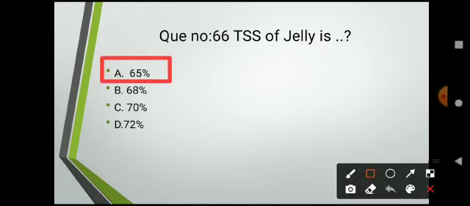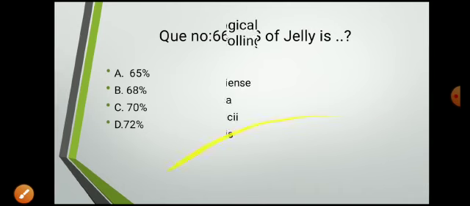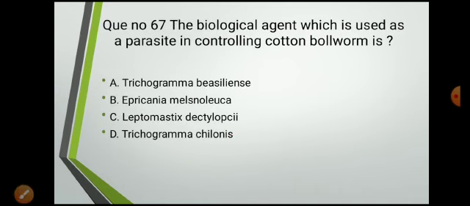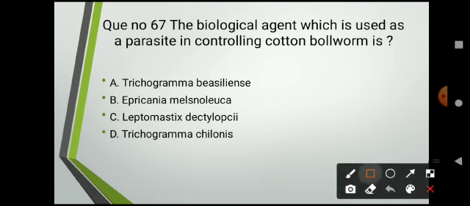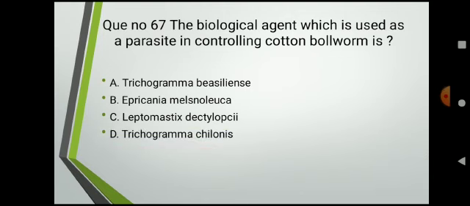It is the TSS of jelly, and in case of jam, the TSS is 68.5%. Question number 67. The biological agent which is used as a parasite in controlling the cotton bollworm. The correct option is Trichogramma chilonis. It is the biological agent which is used as a parasite in controlling the cotton bollworm.